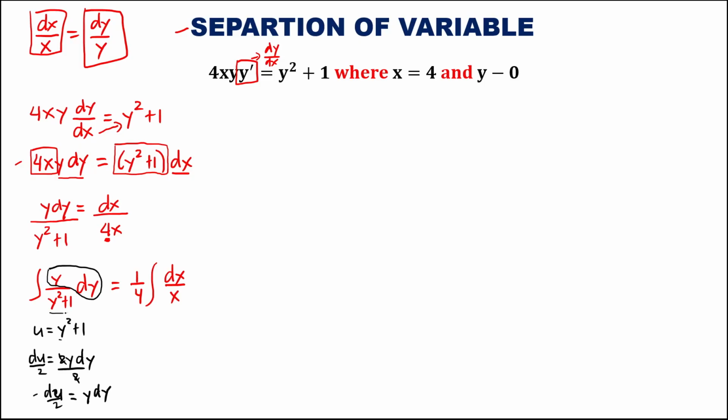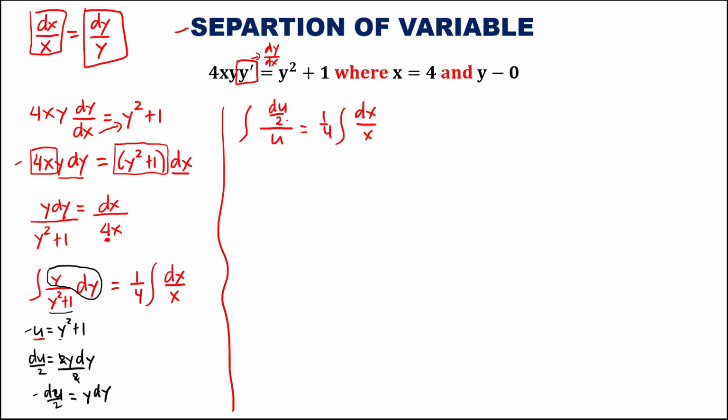So we have now y dy, and that's equal to du over 2. And this y squared plus 1 is equal to u. So apply now the substitution. So this becomes the integral of y dy, which is equal to du over 2, over this y squared plus 1, which is equal to u, then equals 1 over 4, then the integral of dx over x.